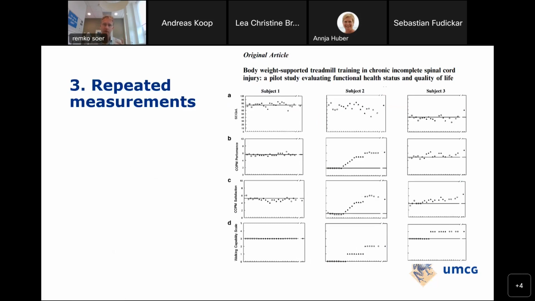I'm not sure whether you know these body weight supported trainings. Basically, it reduces your weight on a treadmill. So people with a spinal cord injury that have muscle fatigue and weakness are not able to support themselves on their legs.